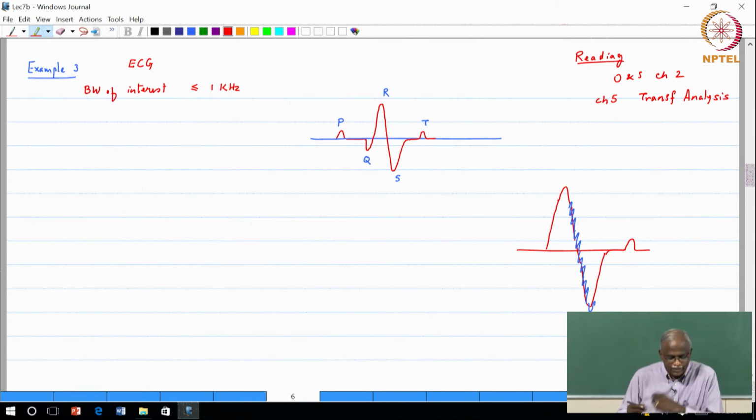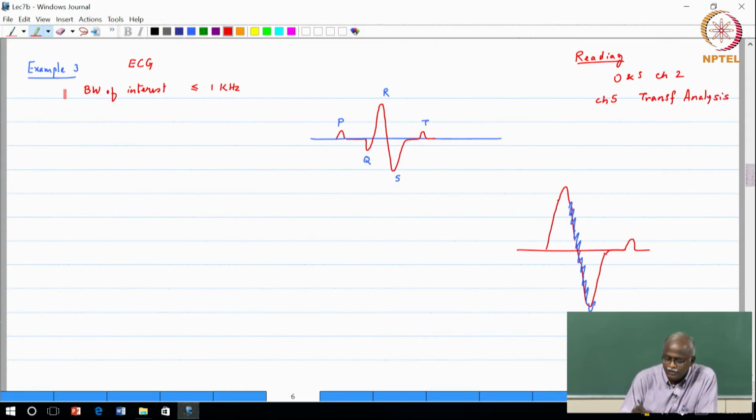So, again let us assume that we have a 50 hertz interference, and the task is to design a filter that will remove the 50 hertz, but will not mess with the rest of the spectrum. Basically you want to preserve as much of the signal both in the time domain and in the frequency domain as possible.